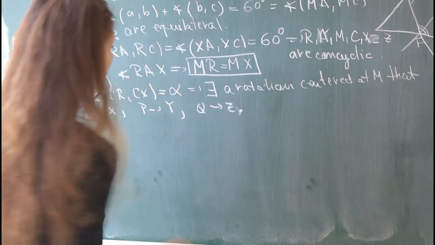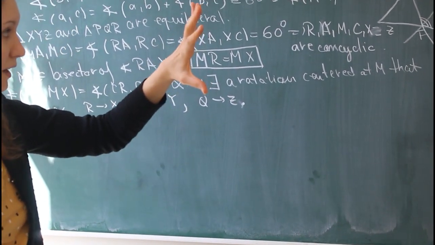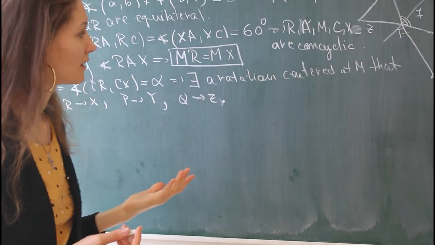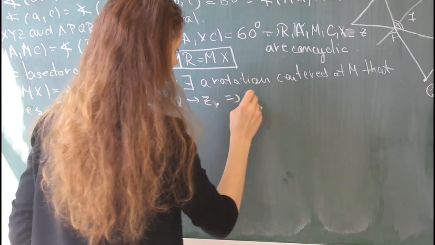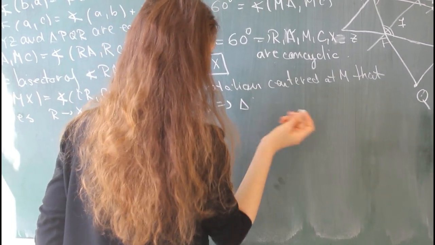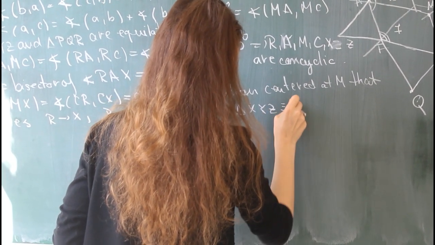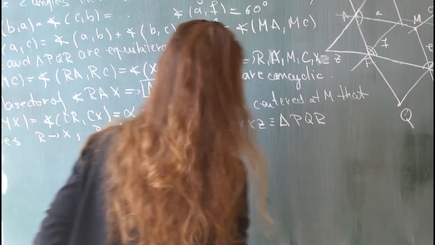Because the triangles are just rotated, it means that they are actually congruent, not only equilateral. So this implies that triangle XYZ is congruent to triangle PQR.